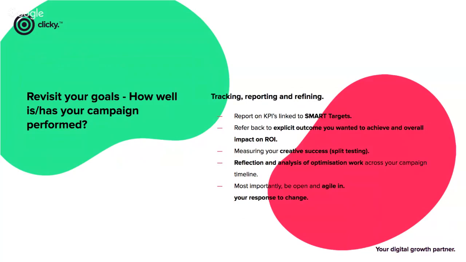So fundamental point, report on KPIs linked to smart targets. Where you've got your smart targets, you can have multiple KPIs beneath those targets to gauge success. So you could have percentage gains on those KPIs, or percentage increases and decreases, to really measure the impact of those smart targets.